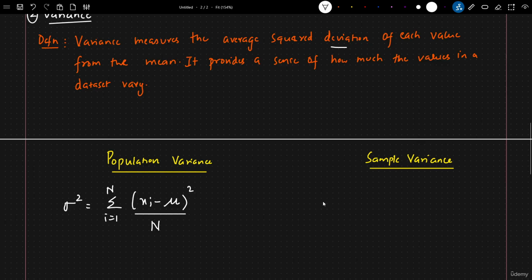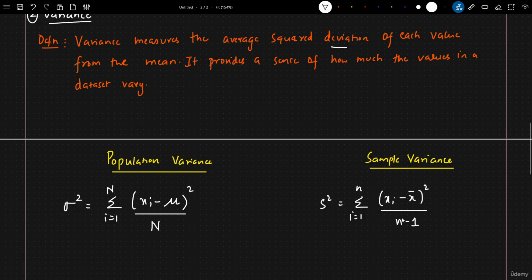Similarly, if I consider sample variance, it is given by the symbol S square, and here I'm going to use summation of i equal to 1 to n of x i minus x bar whole square, divided by, instead of capital N or small n, n minus 1.